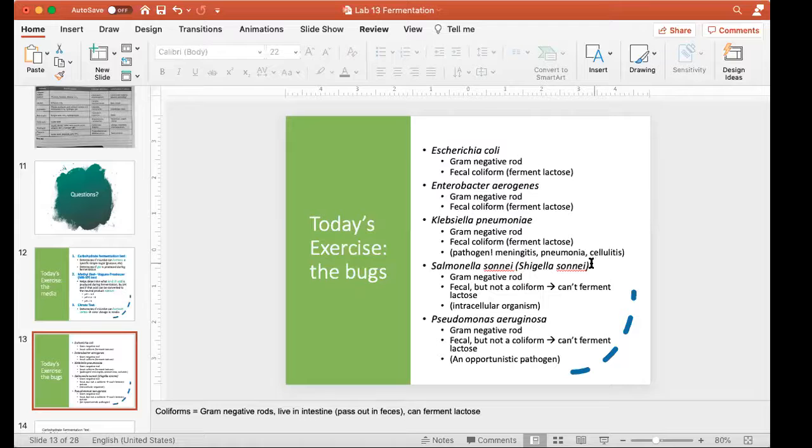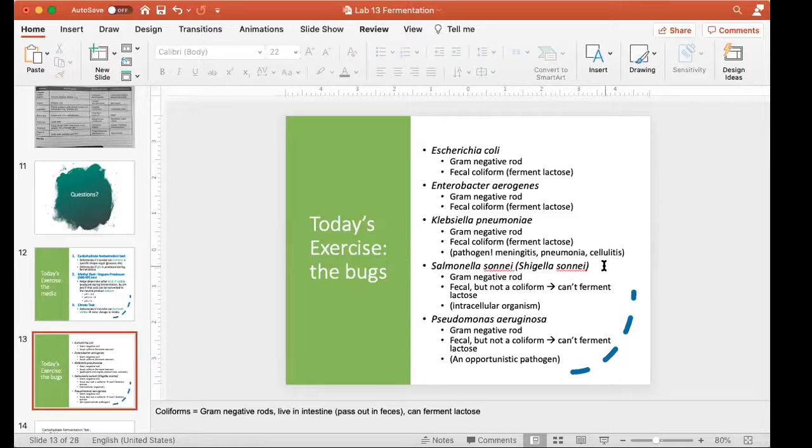So I'm not kidding you. It has gone through probably 4 name changes back and forth between Shigella and Salmonella just during my career. So I've got both names listed here because in different sources, different textbooks and different journal articles, some scientists call it Salmonella sonnei, and some call it Shigella sonnei.